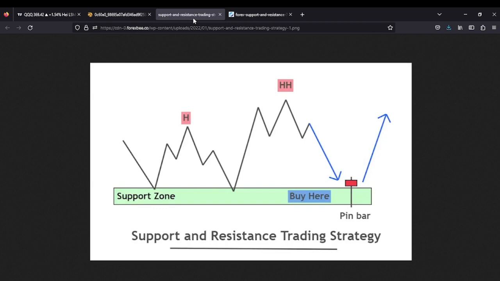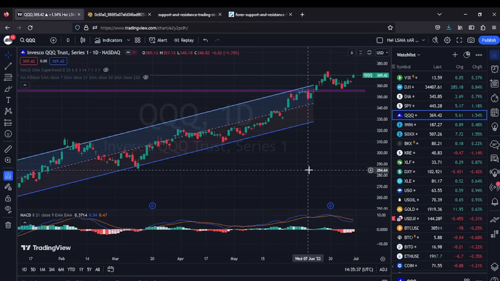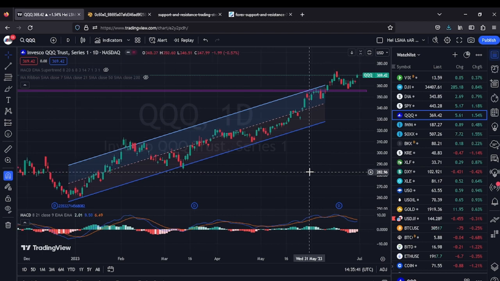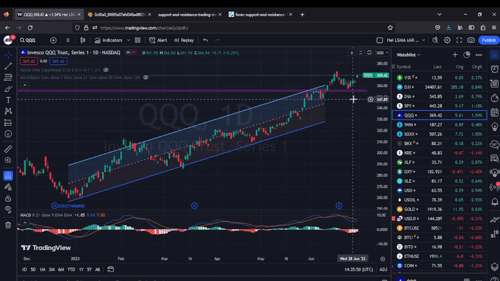Fundamental stuff. Play around with it. Draw a lot of lines. Adjust them, and when you do this enough, it just takes practice, and you get a better picture of everything. You find out the levels where you want to take action and place a trade, and where you find the confirmation of price action.